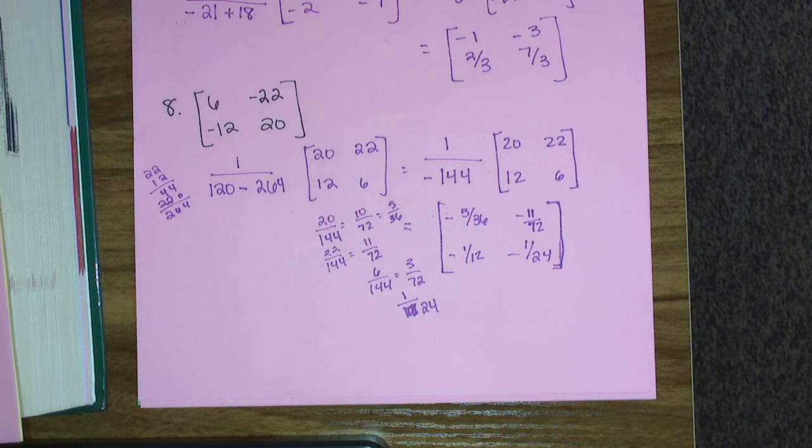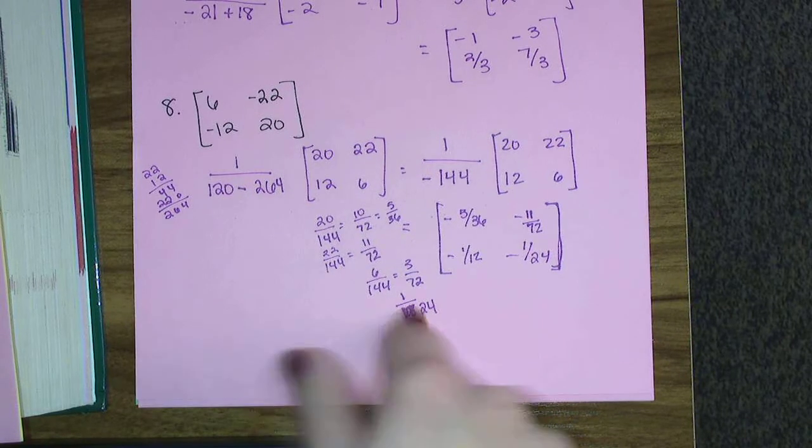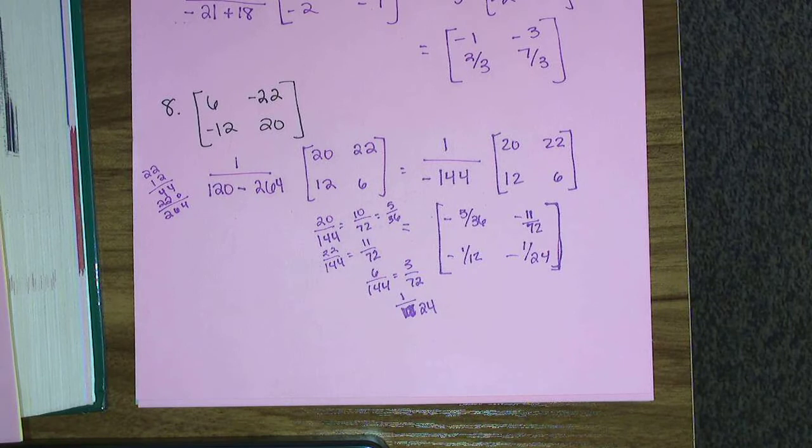So that gave you a negative 144. Then the matrix obviously modified to be what it's supposed to, multiplying everything by 1 over negative 144. You just have to reduce stuff, so I just wrote my fractions out over here and just started pulling stuff out until I narrowed it down. And then that should be the answer you got for that one.